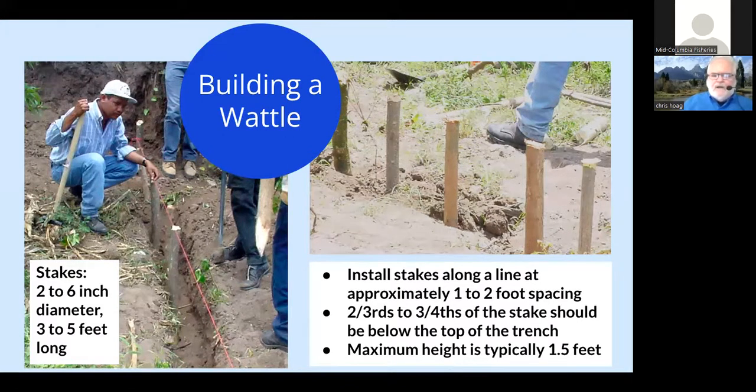You dig a trench down a line, then pound the stakes down so about 1.5 feet sticks up above the ground, about 1 to 2 feet apart. The maximum height is again 1.5 feet. Make sure they're pounded in well and tightly so it holds the whole thing together.